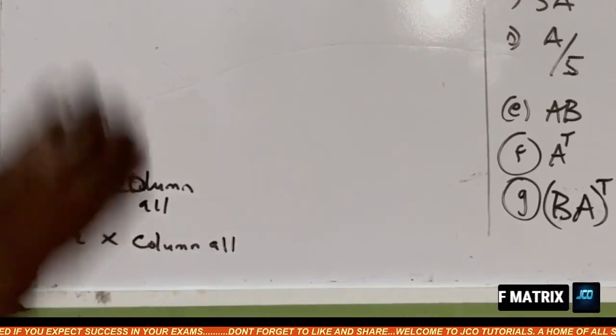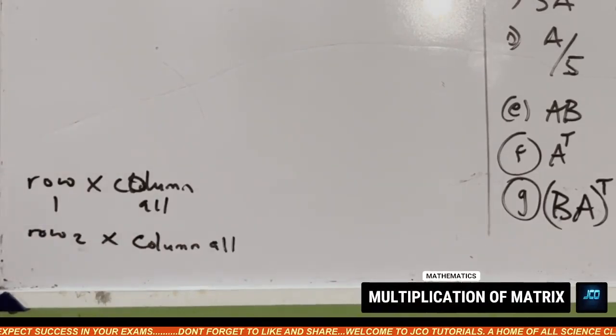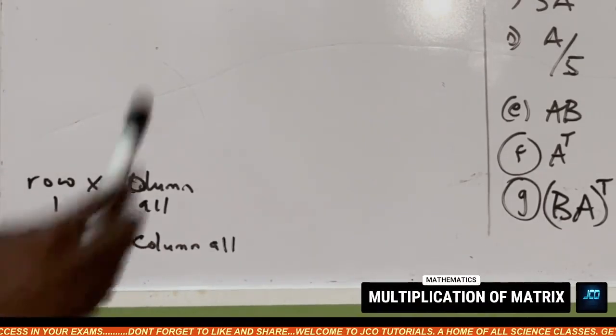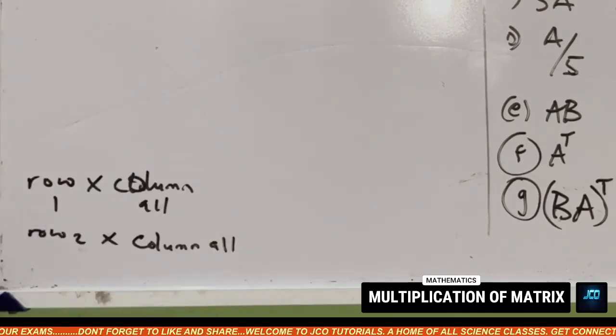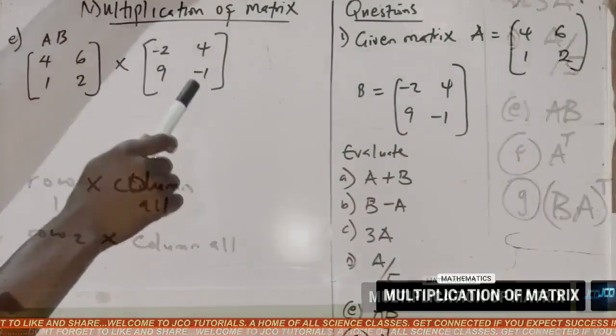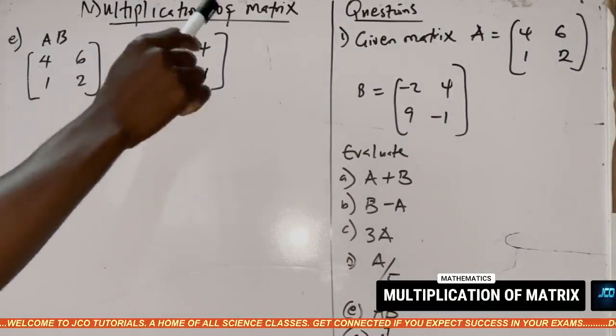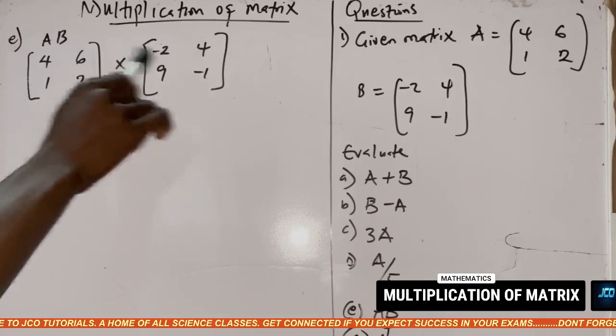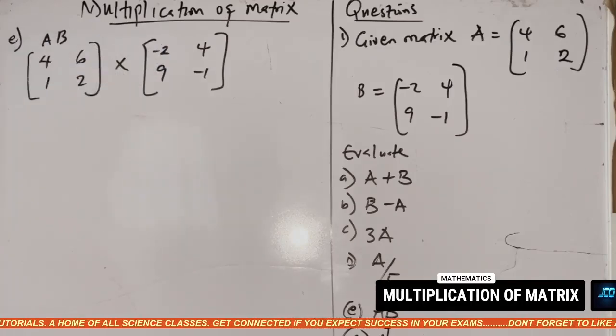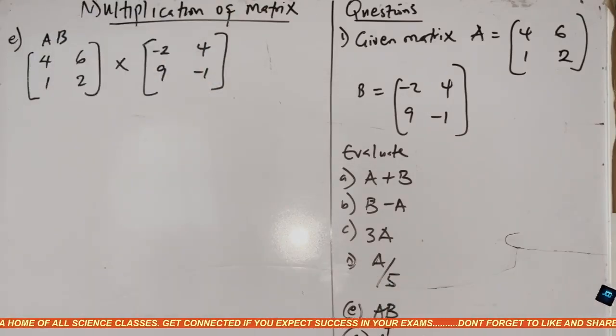First row, which is 4 and 6, multiplies all the columns. The first column, -2 and 9. Second column, 4 and -1. So this first row will multiply the first column. First row multiply second column. If there are more columns, the first row will be the one to first multiply every column.